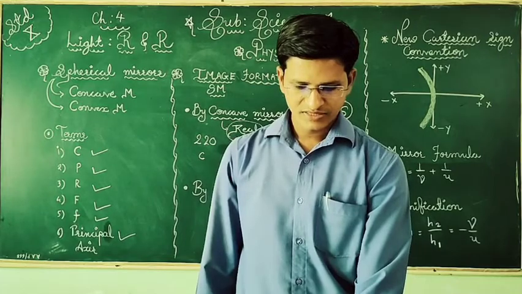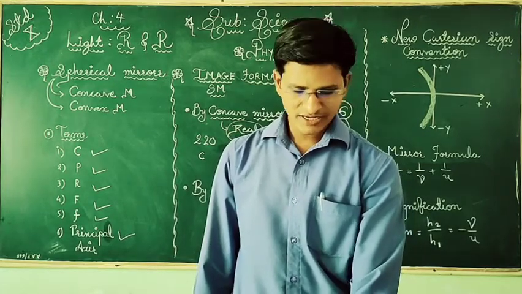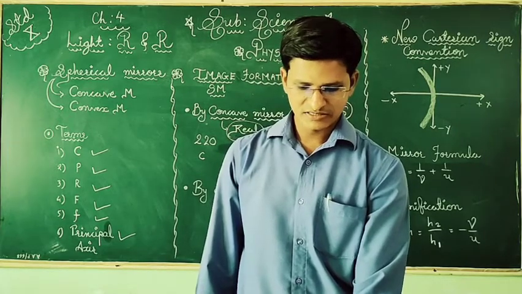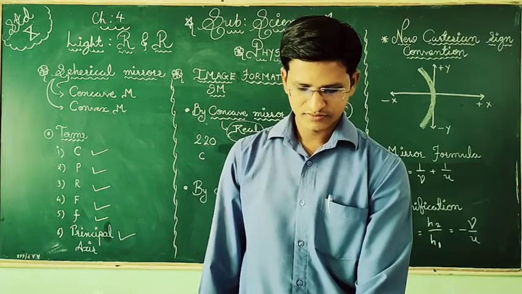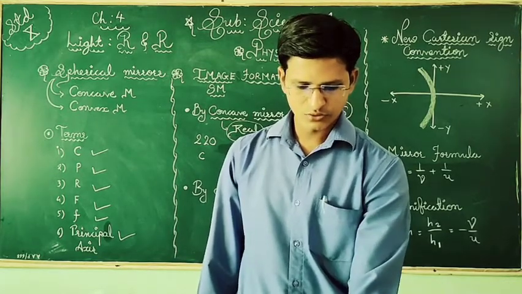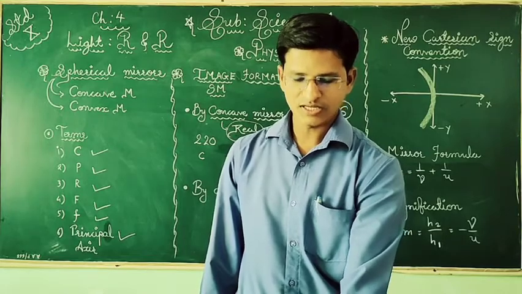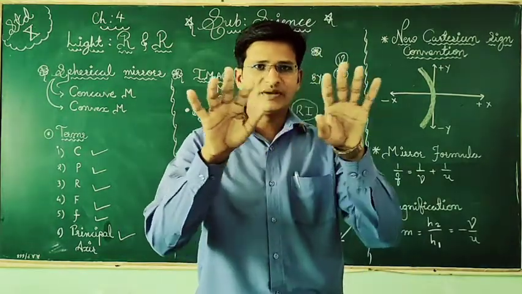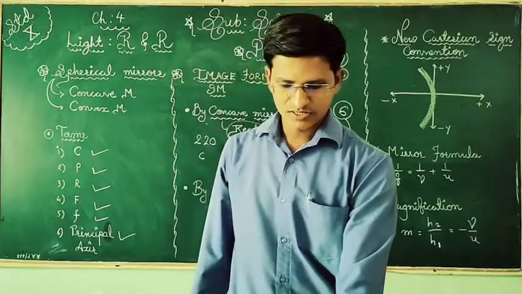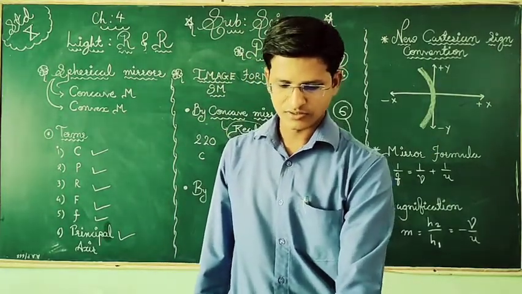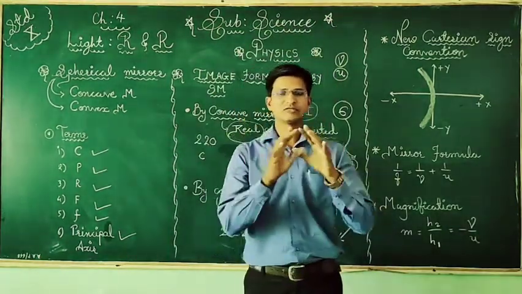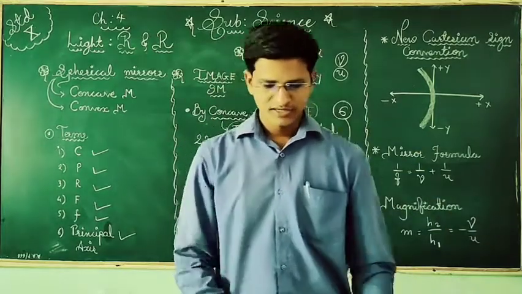Next, in street lights also they are using convex mirrors. Then in big shopping complexes, convex mirrors are used to check the activities of customers in the stores, meaning that area will be enlarged. It is used as a safety measure at dangerous corners. In dangerous corners also we are using convex mirrors, so it will show each and every corner, that's why this is used.